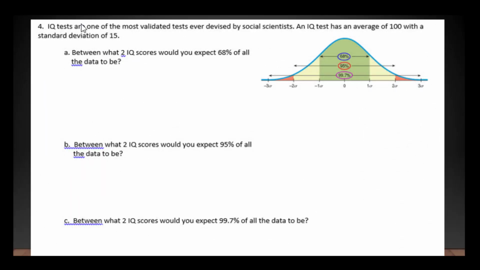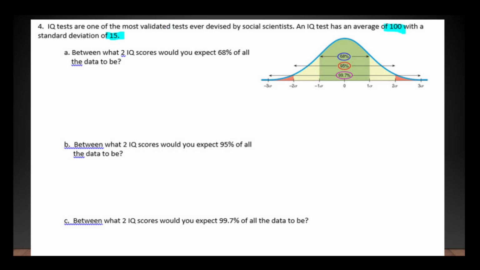It says IQ tests are one of the most validated tests ever devised by social scientists. In other words, they're extremely accurate. An IQ test has an average of 100 with a standard deviation of 15. So there's the two things that we need.